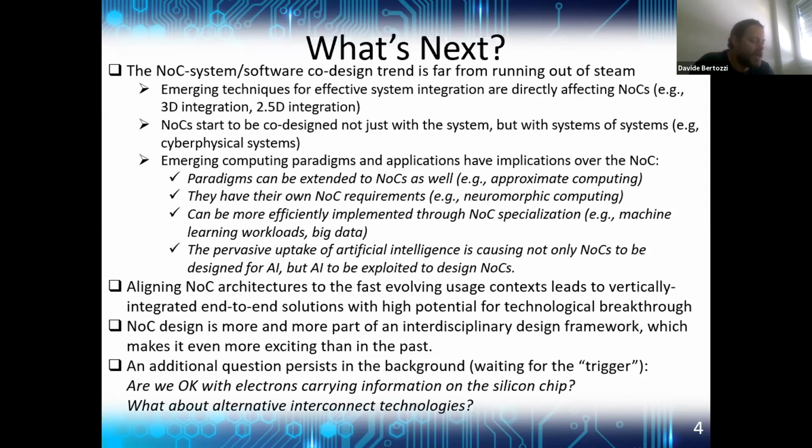The question is, shall we keep using electrons to convey information over the silicon chip, or shall we take advantage of emerging interconnect technologies such as silicon photonics and wireless networks on chip? Despite the amount of publications, the answer today is neither clear nor convincing. However, the role of communication in current largely parallel systems is such that this question is not going to lose relevance, in my opinion, for the next 5 to 10 years.